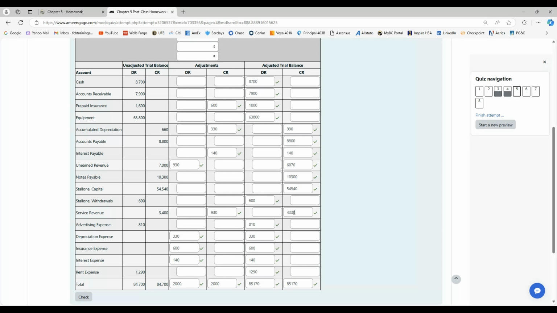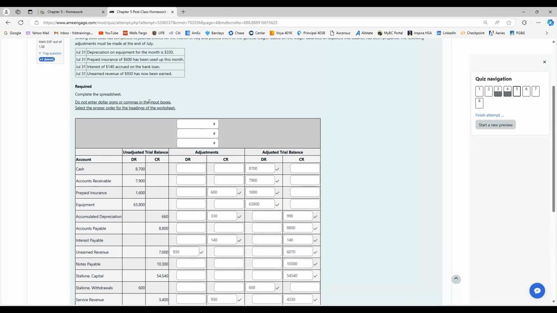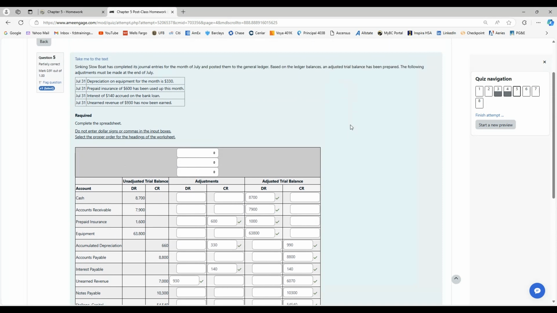Service revenue, yeah. What am I missing? Credit plus credit, 990, 6380. Oh, no, that's good. What are we missing?